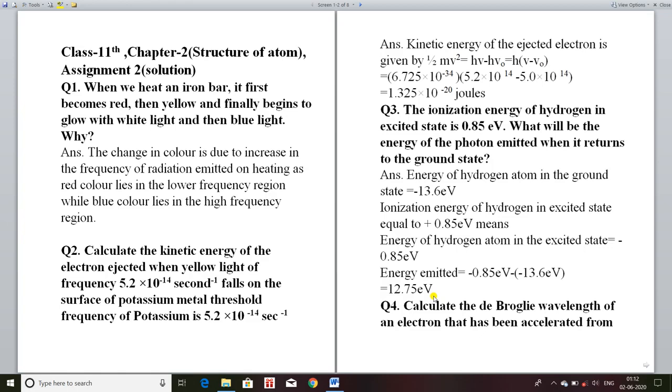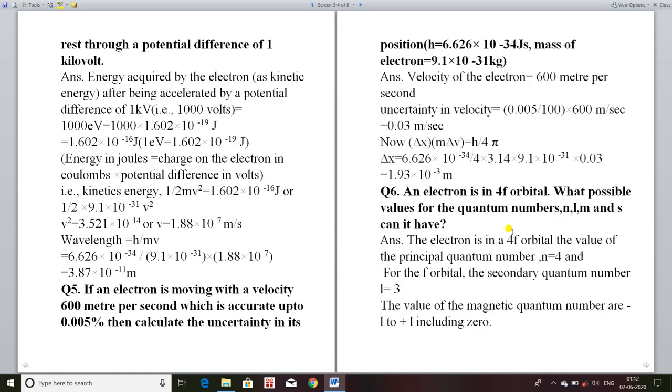Next question, calculate the de Broglie wavelength of an electron that has been accelerated from rest through a potential difference of 1 kilovolt. Energy acquired by the electron as kinetic energy after being accelerated by a potential difference of 1 kilovolt. 1 kilovolt means 1000 volt, and we can write that 1 kilovolt is equal to 1000 electron volt.